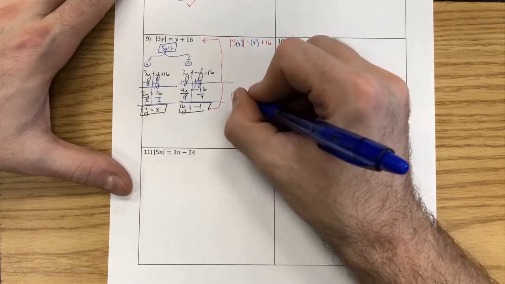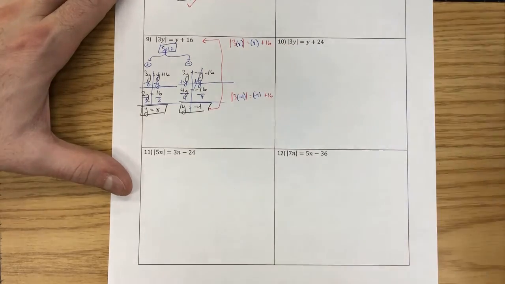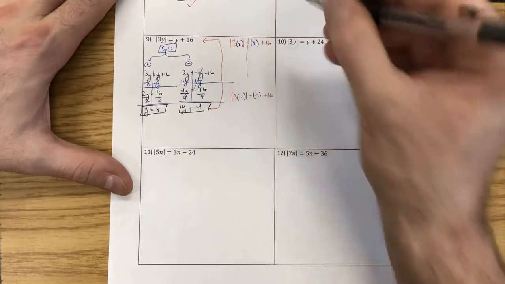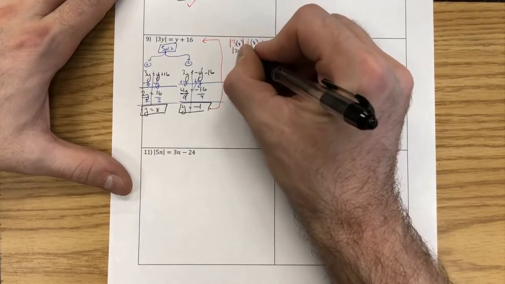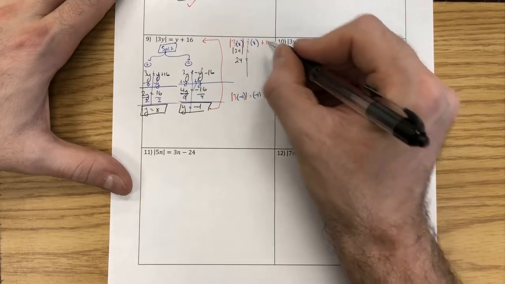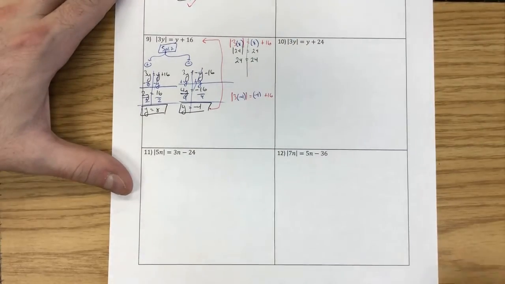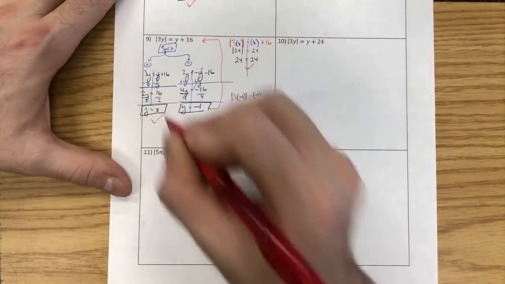This something is negative 4 and negative 4. So let's try it out. 3 times 8 is 24, the absolute value of 24 is 24. 8 plus 16 is 24. Yep, wouldn't you know it? My first answer works.